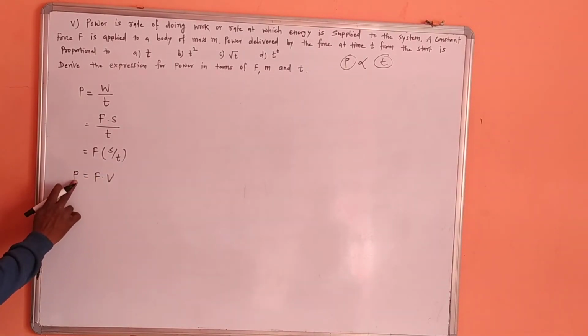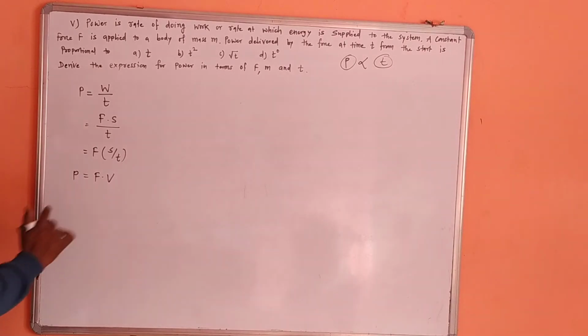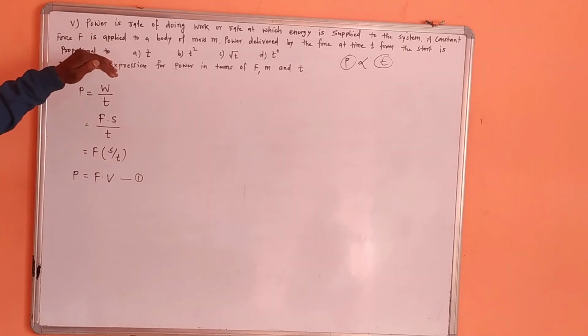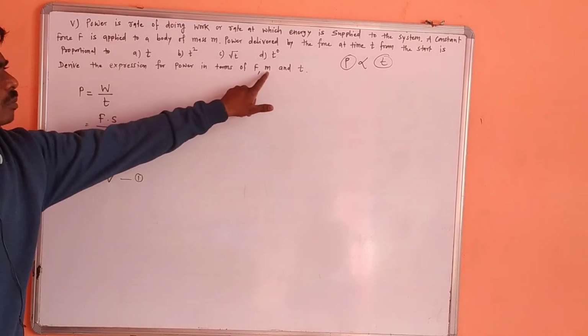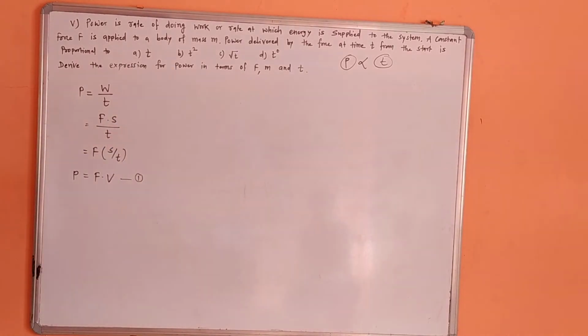So power is the product of force and velocity. In this problem, it is given to you that force is applied on body of particular mass m for time t. That means we have to substitute the value of V in terms of force, mass and time interval.